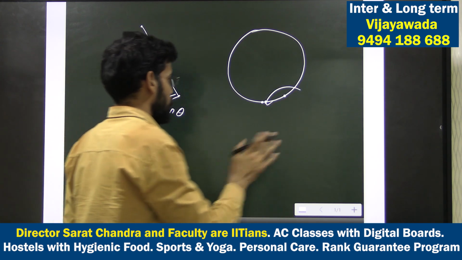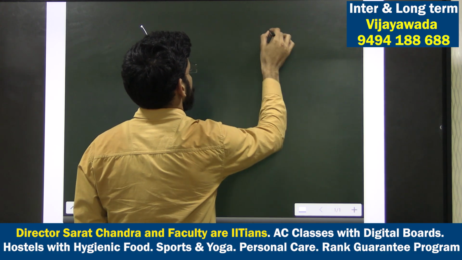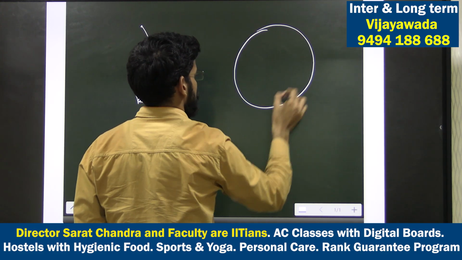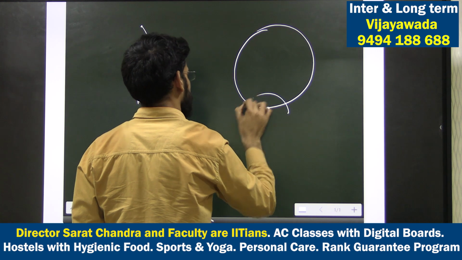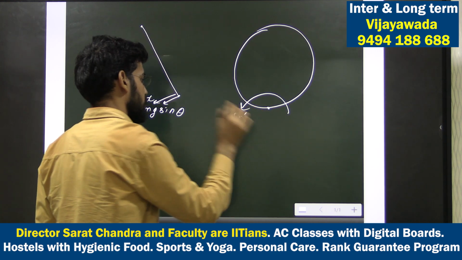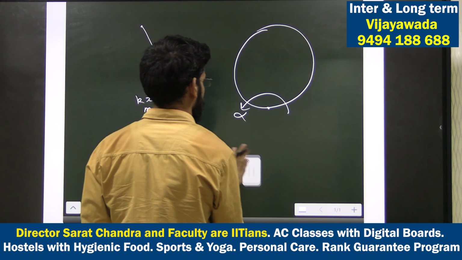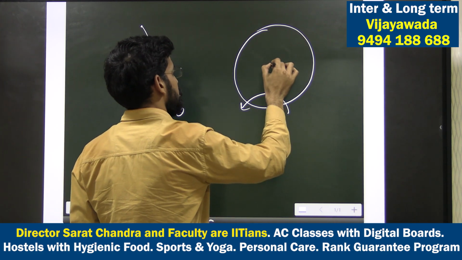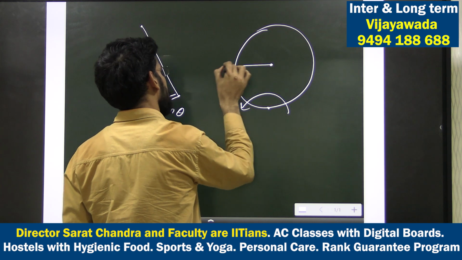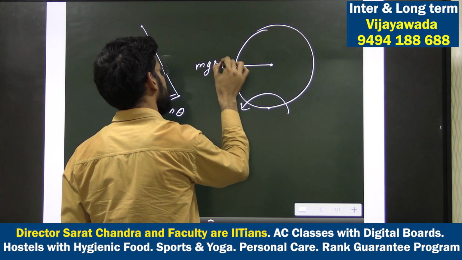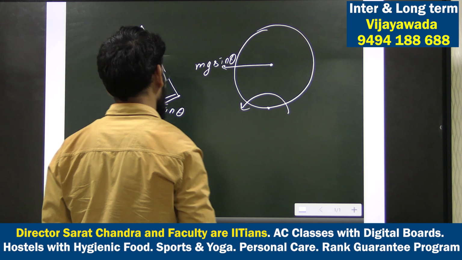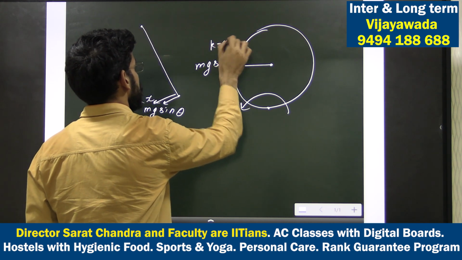Actually both things are the same, so let's draw here only, it will be easier to understand. About this point I am naming alpha, angular acceleration, like this it is rotating. So on this point there are two forces, mg sin theta, and kx. So what is the value of x?